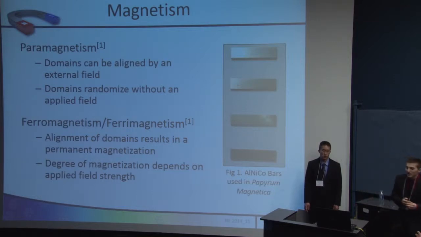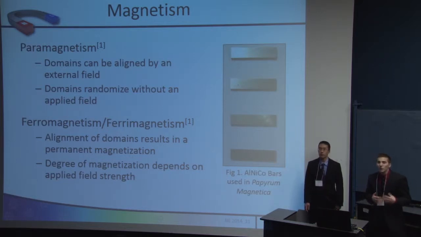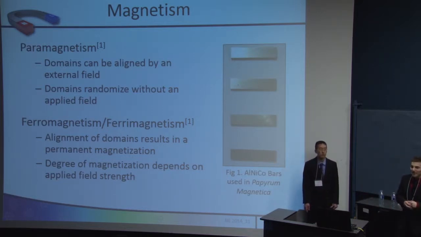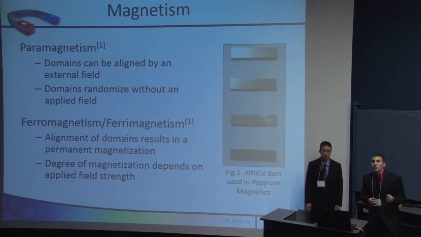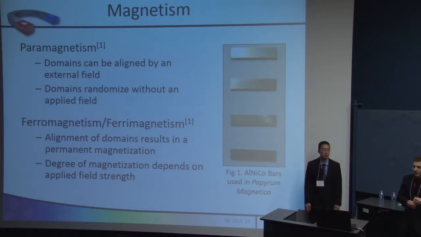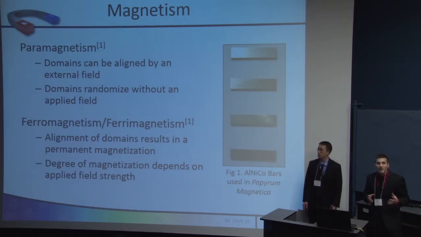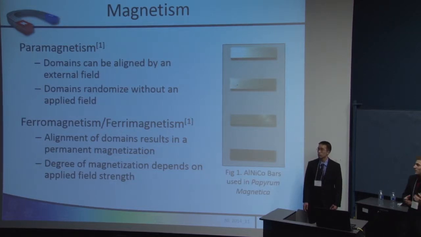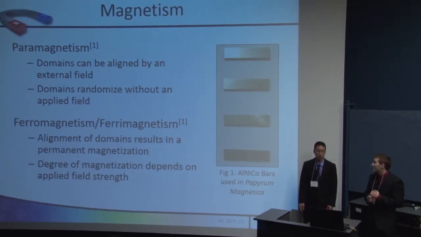Ferromagnetism and ferrimagnetism are two other types of magnetism that when a magnetic field is applied, the domains of the material will align, creating a permanent magnetization that will exert a magnetic field even after the removal of the applied magnetic field. The degree of the alignment will depend on the strength of the applied field, and that will determine the strength of the magnetic field that it exerts after permanent magnetization.